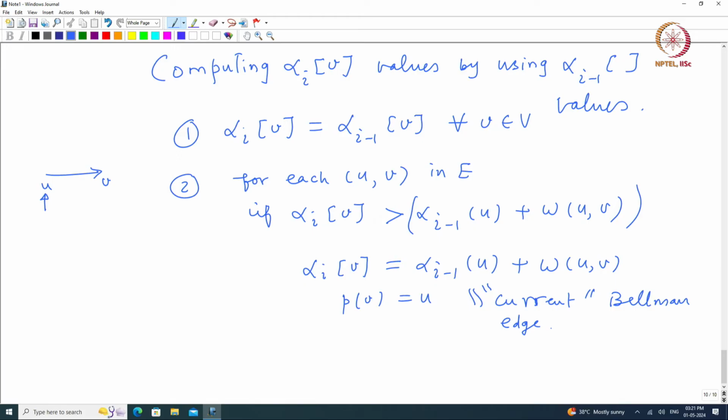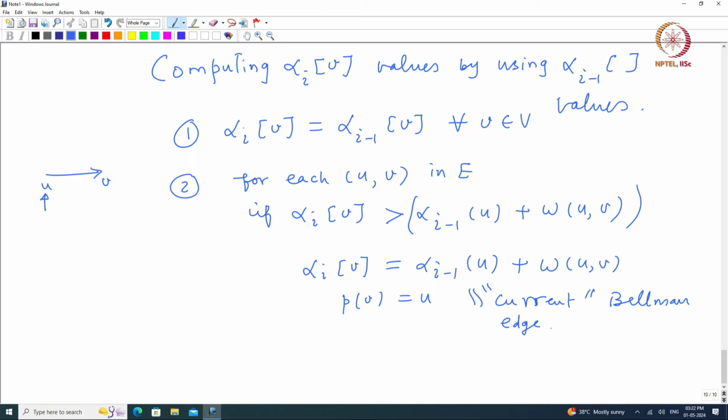When the loop terminates, alpha i v will have the minimum and P of v will have the previous of the last edge. It will have the proper Bellman edge ending at v.